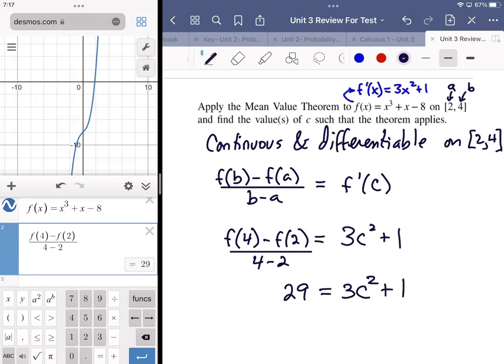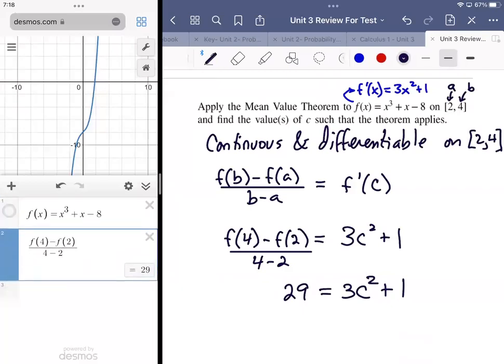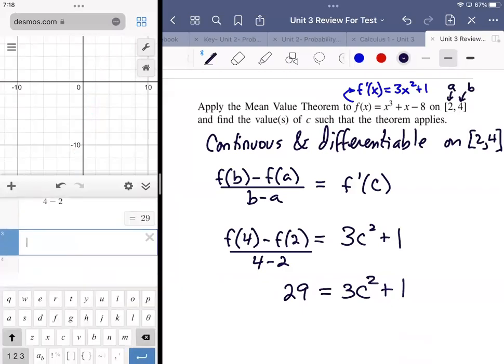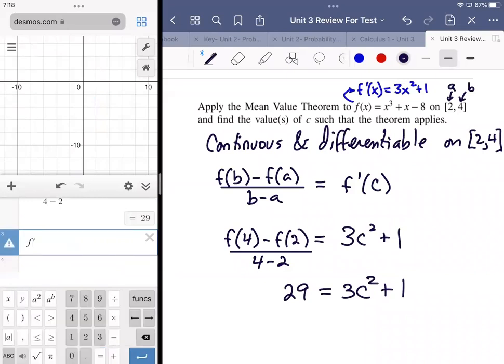So I have my slope of the secant line based off the given function. I know that that's got to be equal to my derivative somewhere. Now I just got to figure that out. So what I would do here, I turn off my original function and plot my derivative. Unless you want to solve this equation manually, which some people are fine with, some people prefer even.